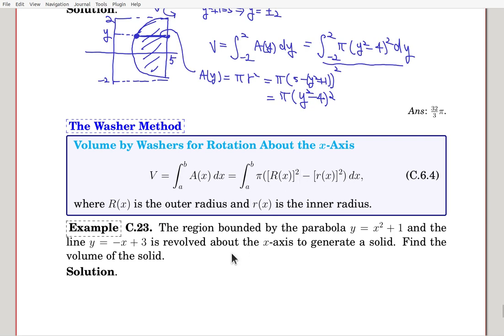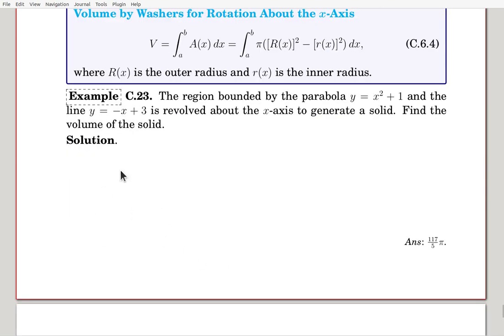Okay, let's see this problem. The region bounded by the parabola y equals x squared plus 1 and y equals minus x plus 3 is revolved about the x-axis to generate a solid. Find the volume of the solid.